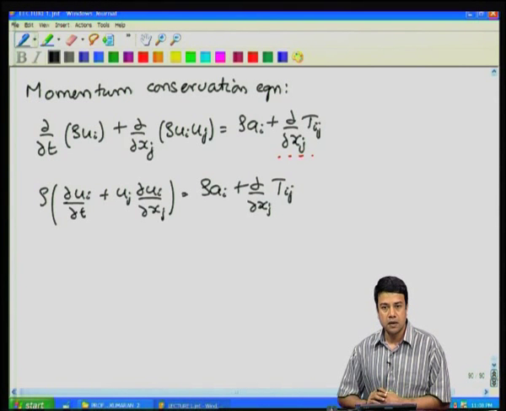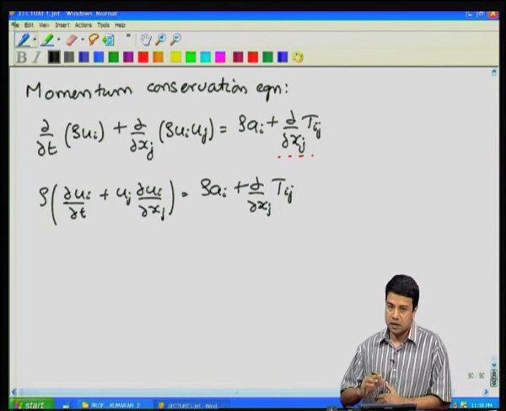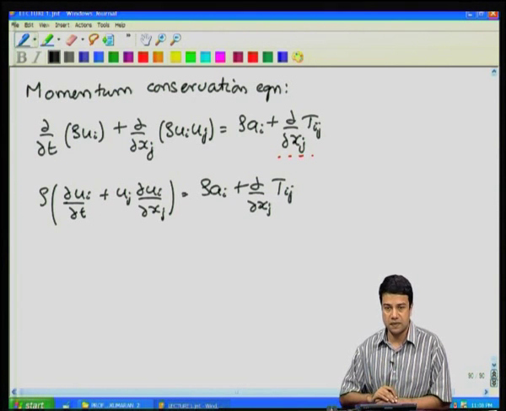Okay. Next, we had gone through and almost finished the angular momentum conservation equation. I will go through that once again, because if you are seeing it for the first time, it is a little difficult to understand, but it gives us an important lesson about the nature of the stress tensor.